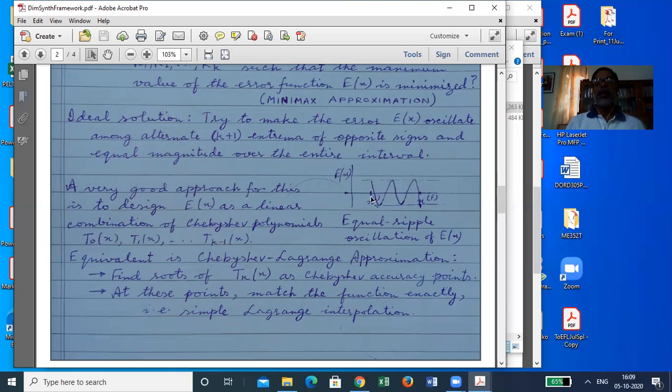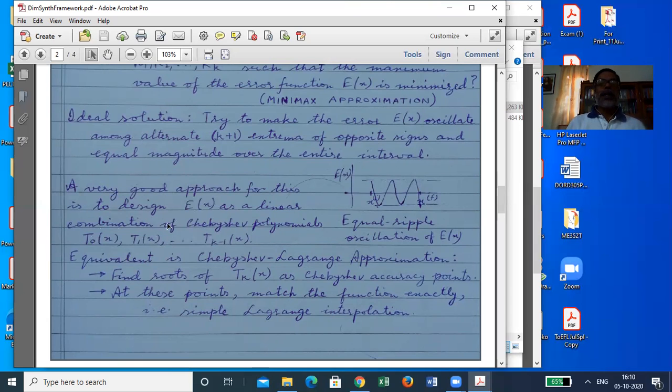The cubic one, T3, changes from minus 1 to plus 1 to minus 1 to plus 1. Three rounds, which means 4 extrema, and so on. So this needs you to design the error function by using the Chebyshev polynomials as basis functions: alpha 0 times this plus alpha 1 times this, and so on till this.